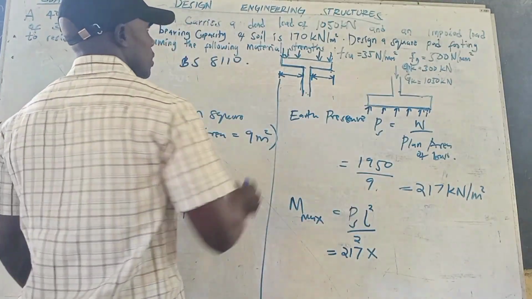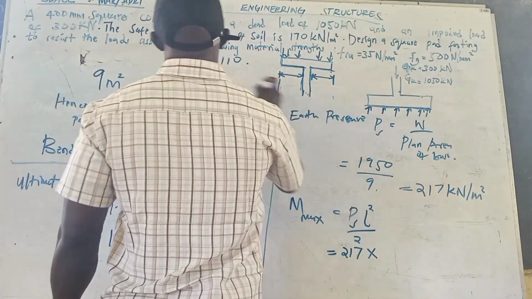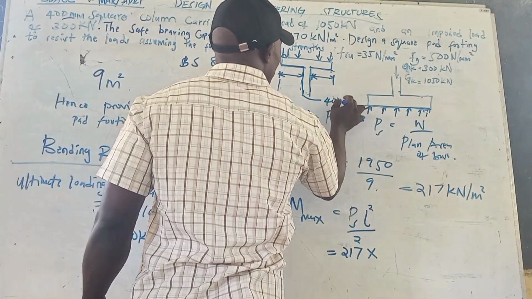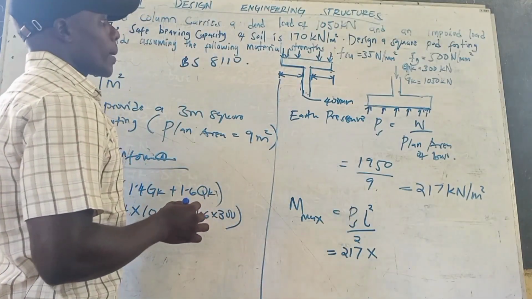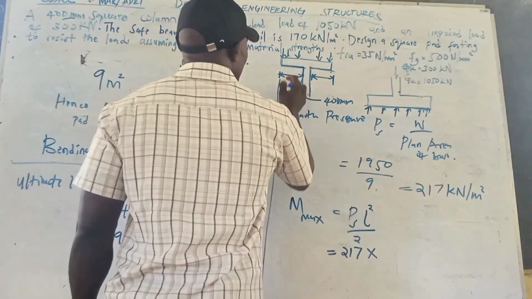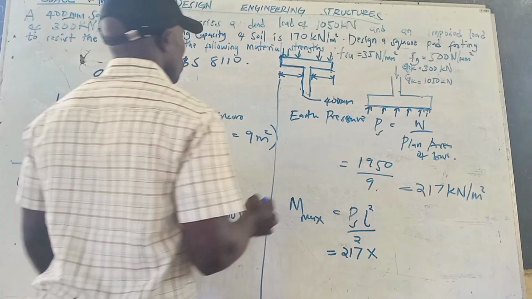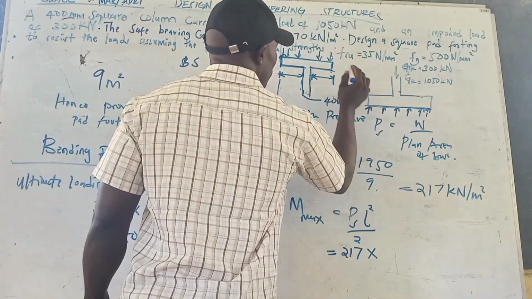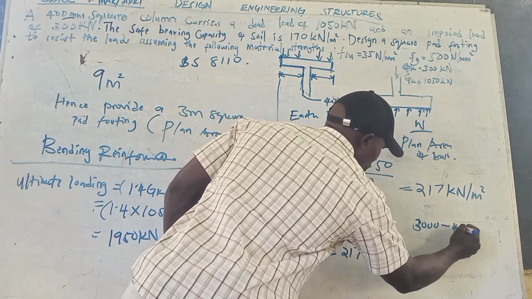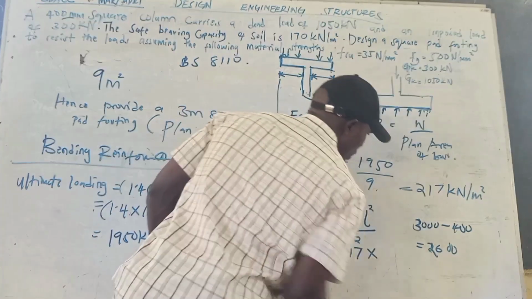Then from here to that point. Remember the column was a 400 millimeter square column. So this part here is 400 millimeters, subtracted from 3000 millimeters. That is from here to here. That would give you 3000 minus 400, that is 2600 millimeters.